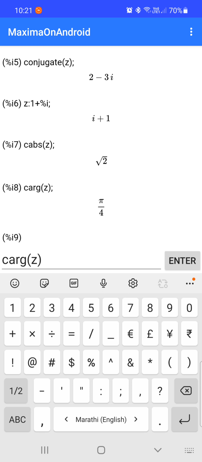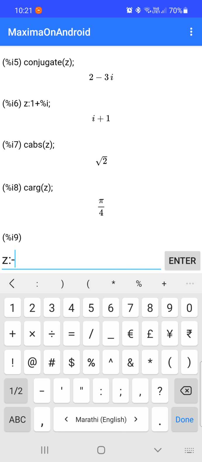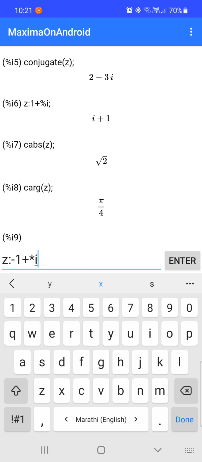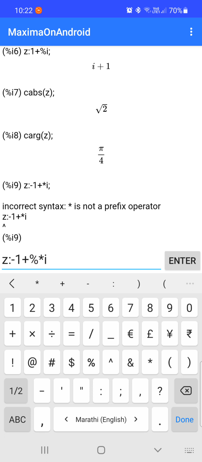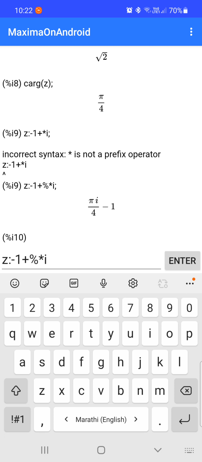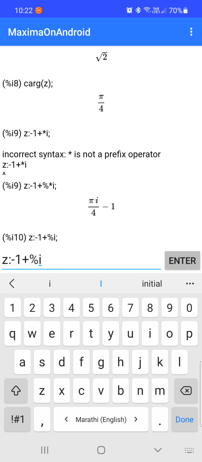Suppose we enter the next complex number in the second quadrant, so z is equal to minus 1 plus %i. We get some error, so we enter one more time, z equal to minus 1 plus %i.